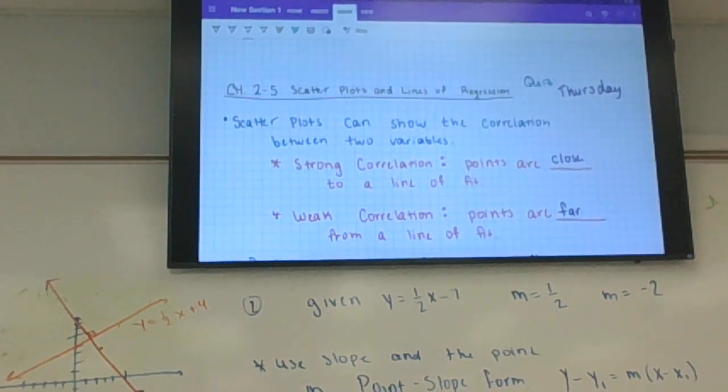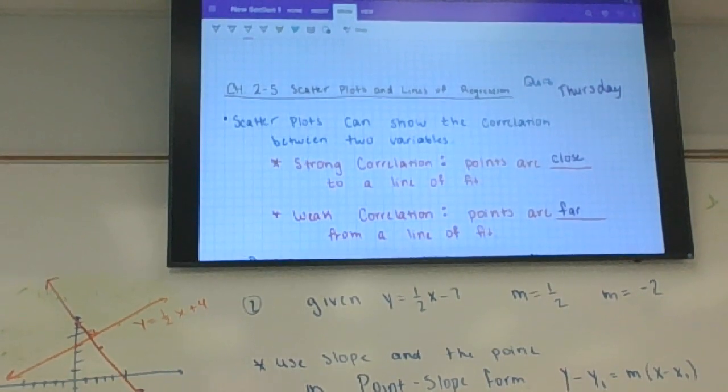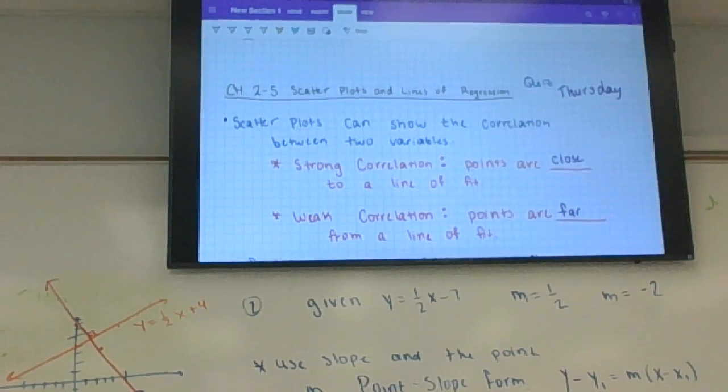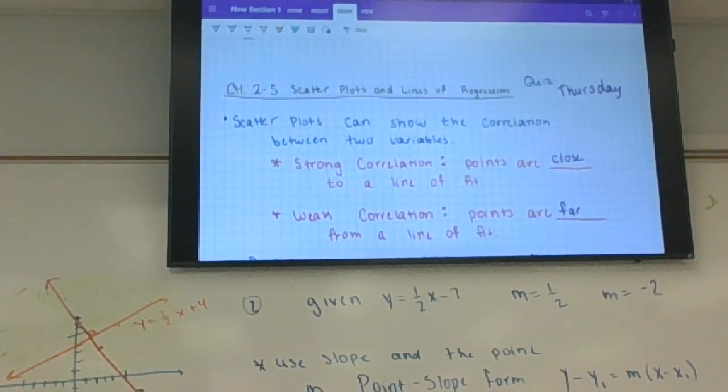So when you're reading information in journals, real scientists do their research and they show graphs, they will talk about if the correlation is strong or weak. And if their findings are weak, then they can't make very good predictions. They still will, and the news will report it as if it was fact, but it was based on a weak correlation. And if it's a strong correlation, then their findings can really be used to make predictions.